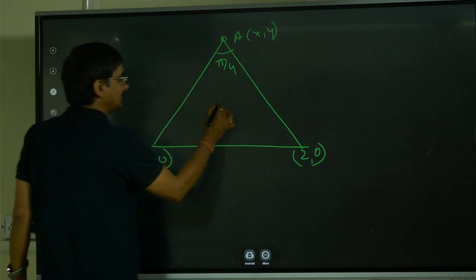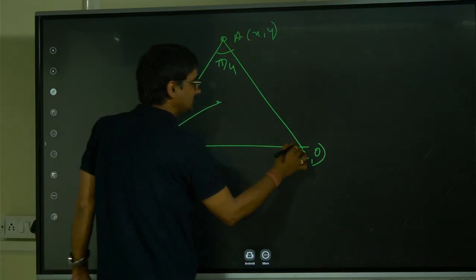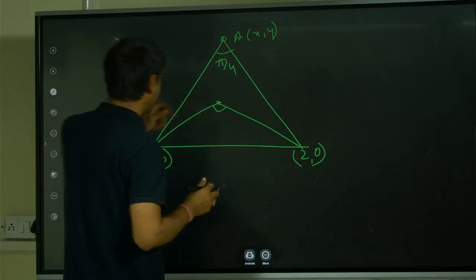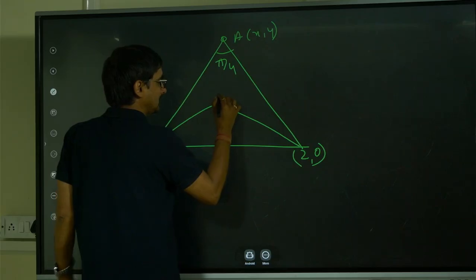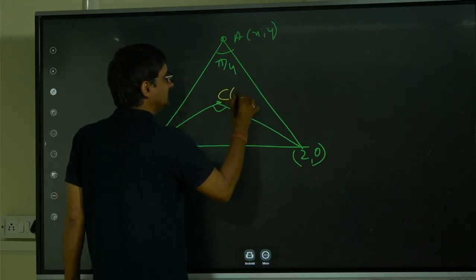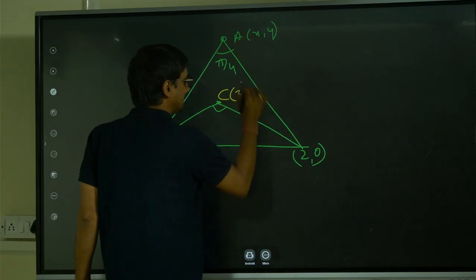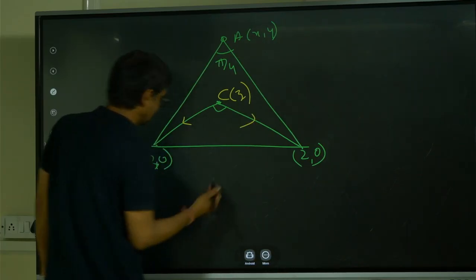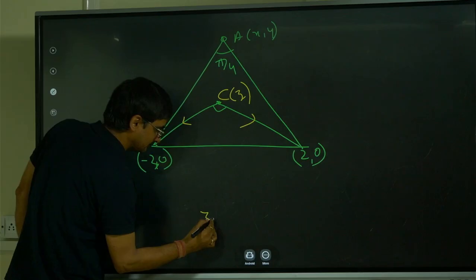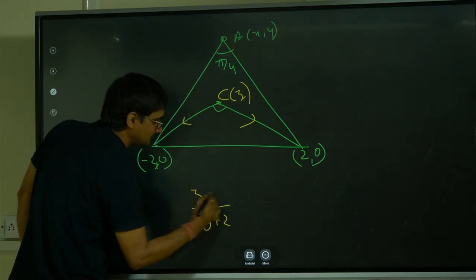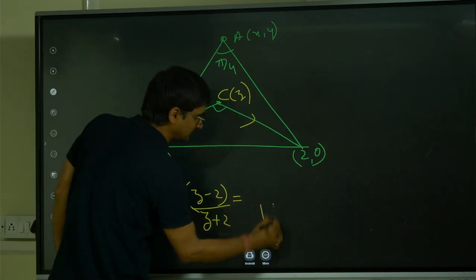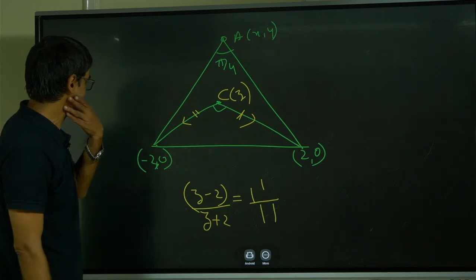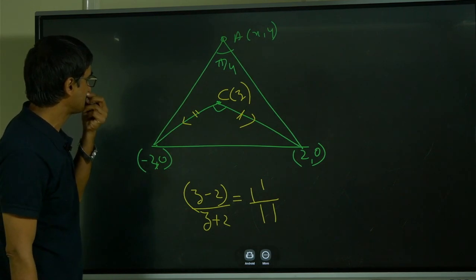So at the center it needs to subtend a pi by 2 angle. Can we go for applying the rotation formula for complex numbers? If I assume this point C to be z0, rotate this in the anti-clockwise direction to get this. So rotate z plus 2 to get z minus 2 by an angle of, so both the modulus distances, the radius, have to be the same, isn't that?